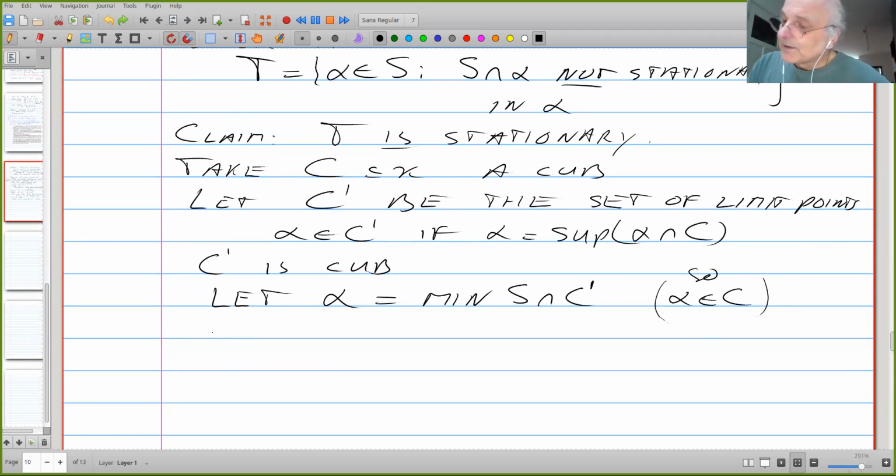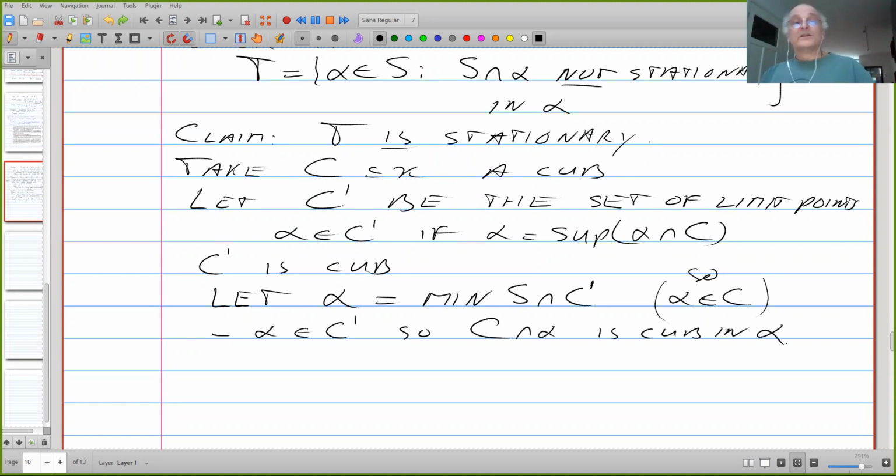Well, alpha is in C prime, so C intersect alpha is closed and it is cofinal in alpha. So it's a club subset of alpha.